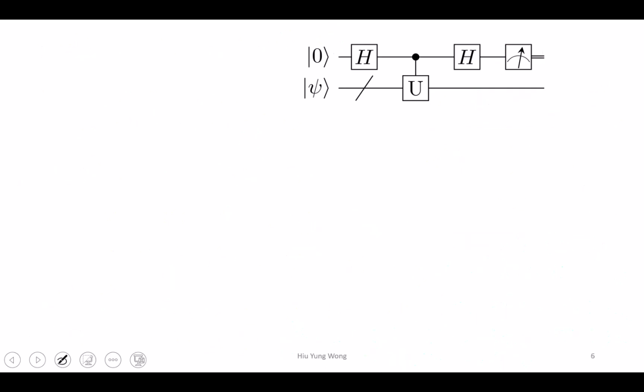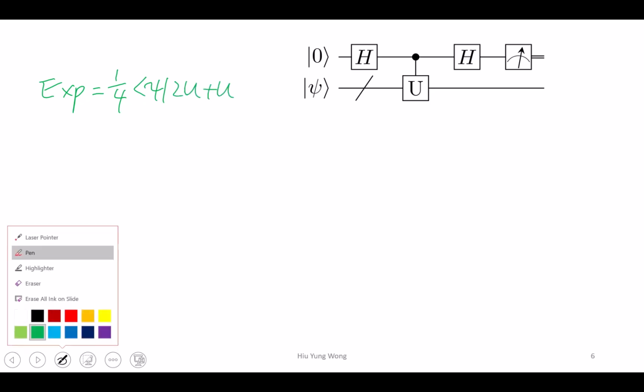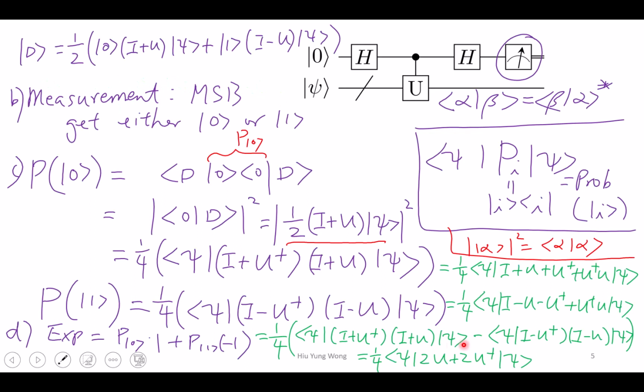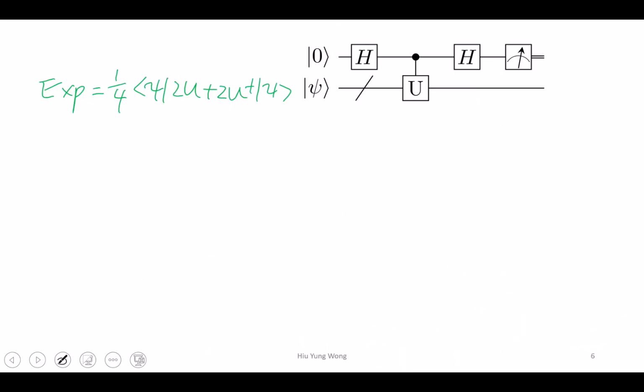Okay, so let me continue here. I say the expectation value equals 1/4 psi, 2u plus 2u dagger, psi, right? Let me check. That is what we got here. And definitely I can cancel it to 1/2, no problem. And then what is this?